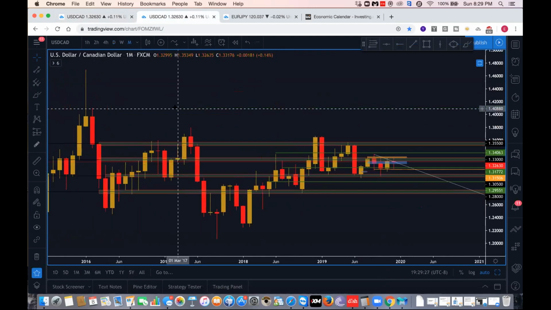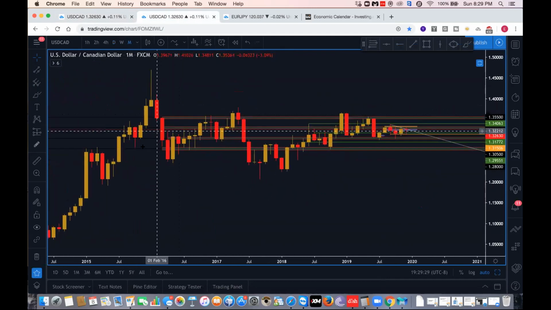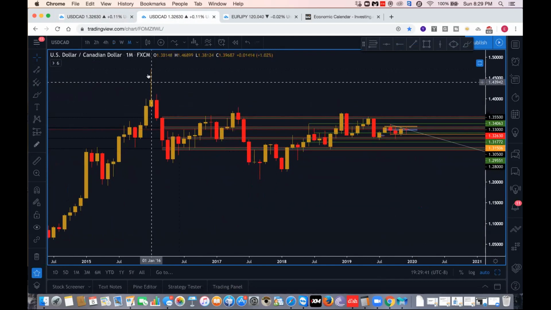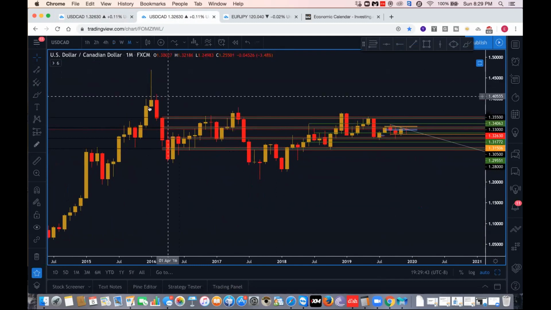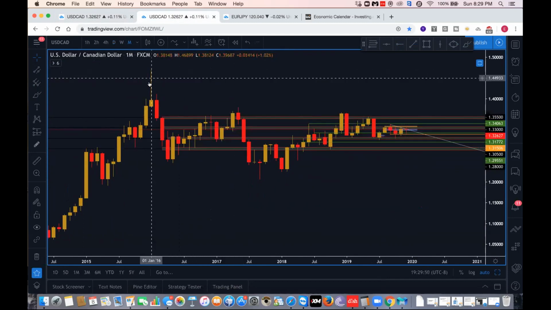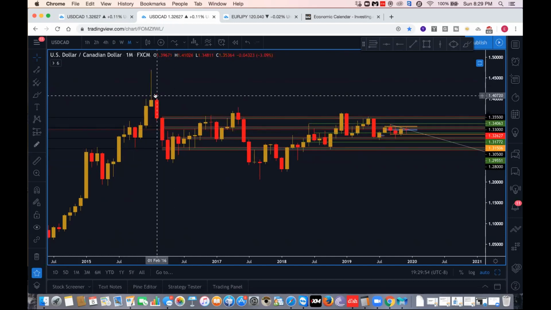So pretty much starting from like 2015, 2016, you can see that price pushed up here strongly, but it failed to close up here. So this was pretty much just a strong fake out move, trapping buyers, and then it printed somewhat of an evening star, shooting star type pattern, and the price pushed down. So this type of structure has been happening where price pushes up, fakes out, gives a strong bearish move.